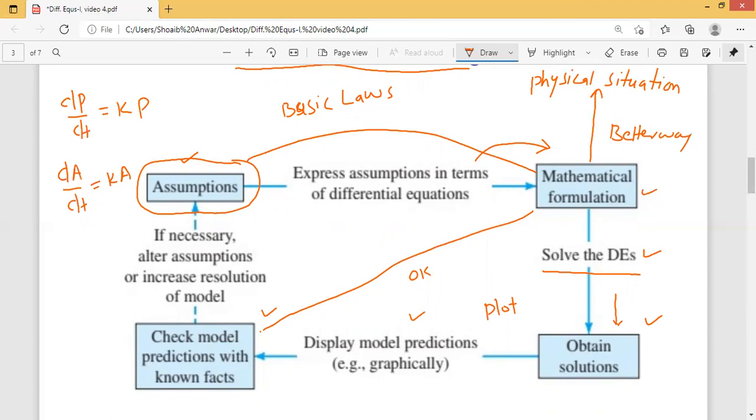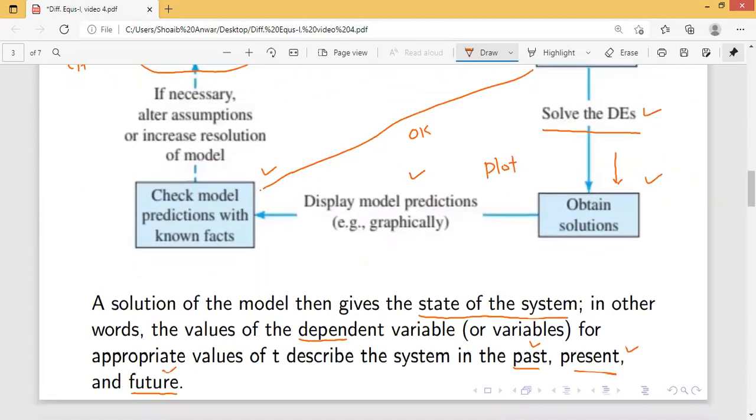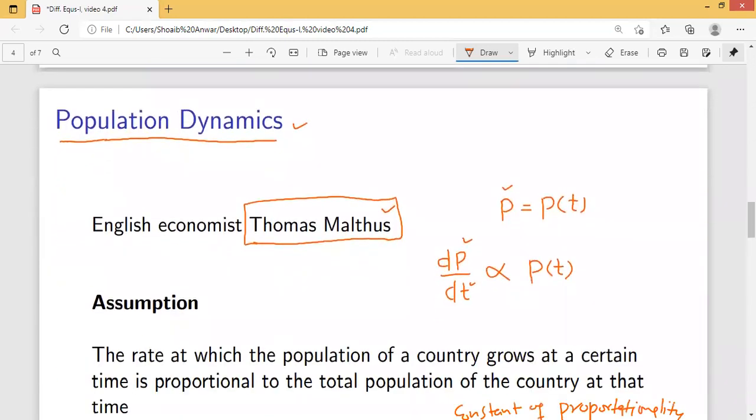Although I can say that the differential equation dP by dt is equal to kP is a growth model, and its solution will be an exponential, and we will see it later, and its plot will look like this. In the population growth model, the population keeps on increasing with the passage of time.